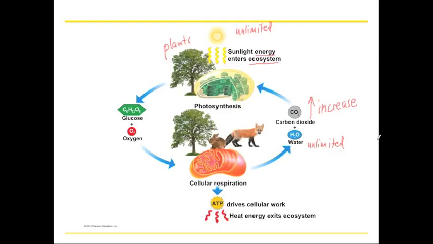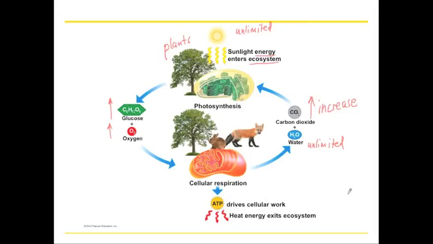And so if plants have more food, then their rate of photosynthesis could increase, and they'd end up making more glucose, they'd end up making more oxygen, and that means that the organisms that use glucose and oxygen could also thrive. So this would then be a positive for the entire system.